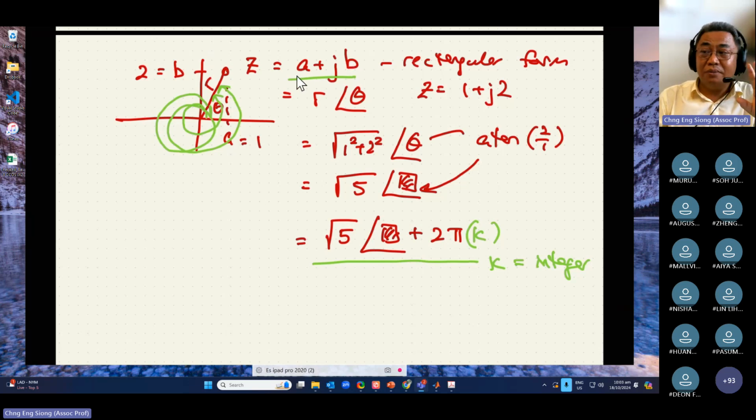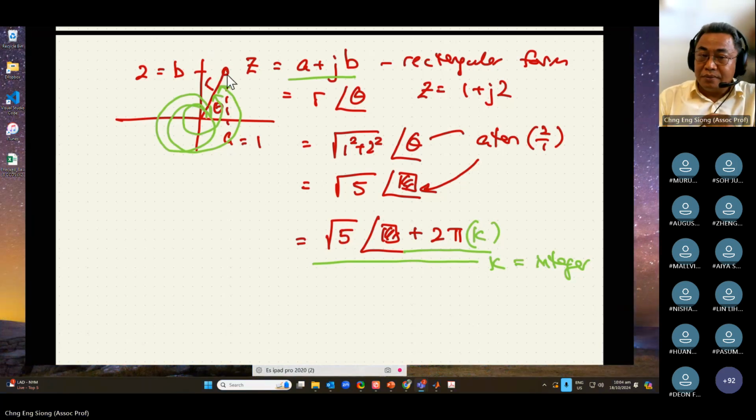In rectangular form, there's only one way. In the polar form, wow. Any theta plus 2 pi k, multiplying by the modulus, gives you the same point. And this will create very rich mathematics, and hopefully we'll have a chance to visit that.